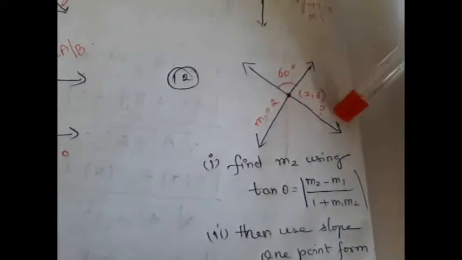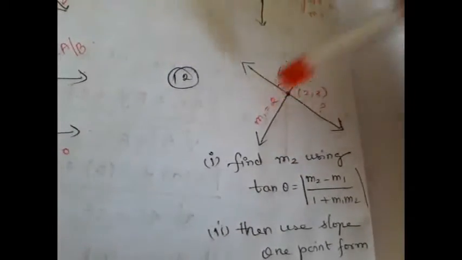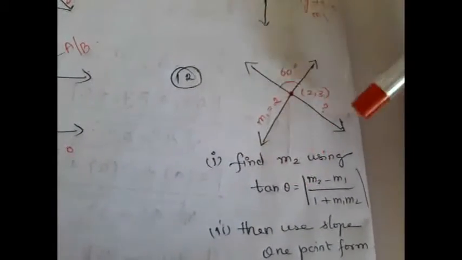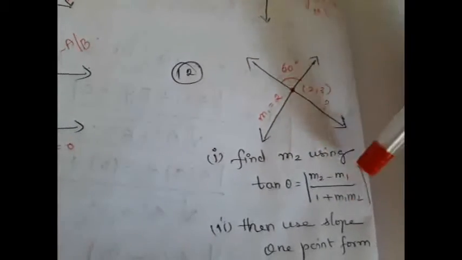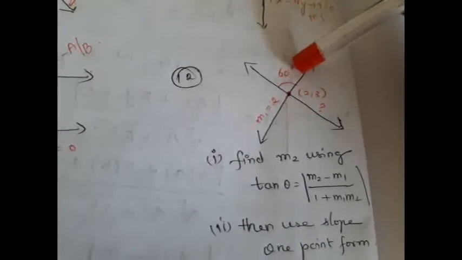How to find its slope? They have given you the angle between the two lines and another slope. So immediately we can use the angle between two lines formula. What is the angle between two lines formula? tan theta is equal to m2 minus m1 divided by 1 plus m1 m2. Using this formula, we know the angle between these two is 60 degrees.